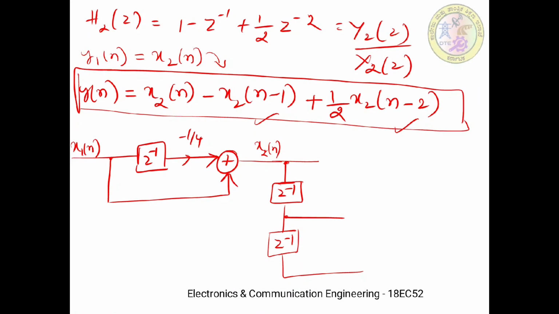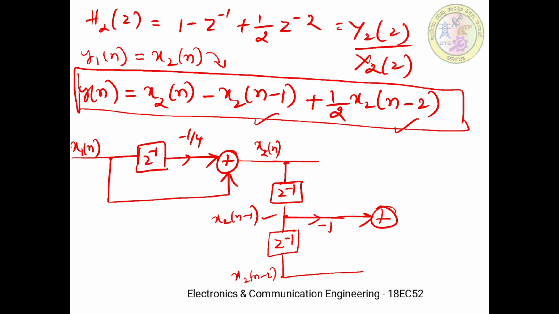This point represents x2 of n minus 1, and here it is the x2 of n minus 2 point. x2 of n minus 1 has the multiplication factor minus 1, and this goes to the adder.